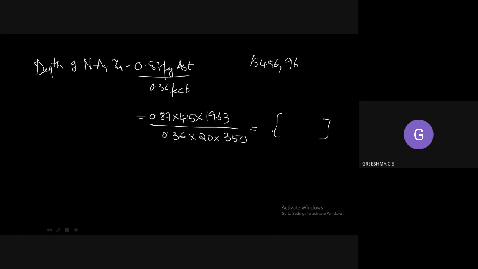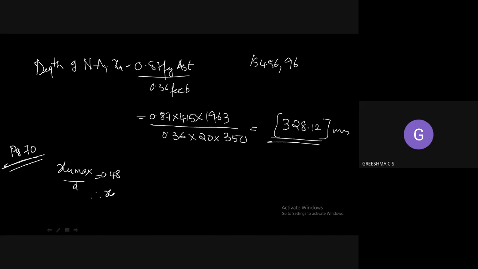So this will be around, I think, something like 328. So the value is 328.12 mm. This is the XU value. Next step, you have to find out XU max. XU max, IS code page number 70. XU max by D is equal to 0.48.